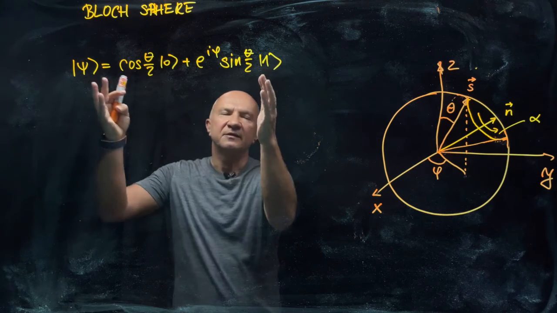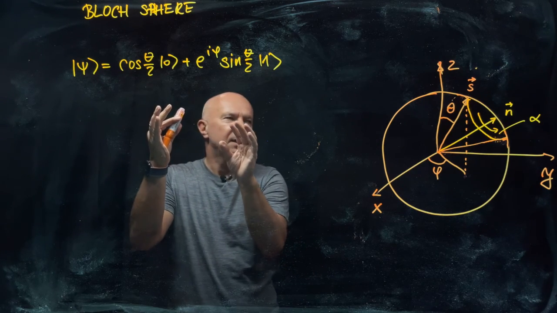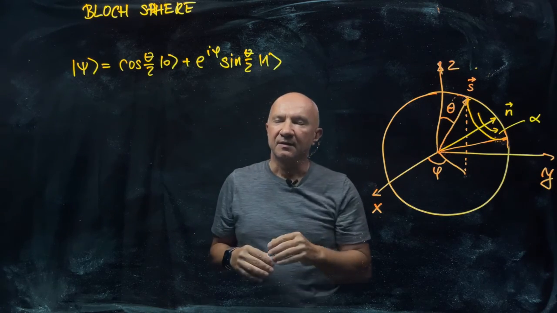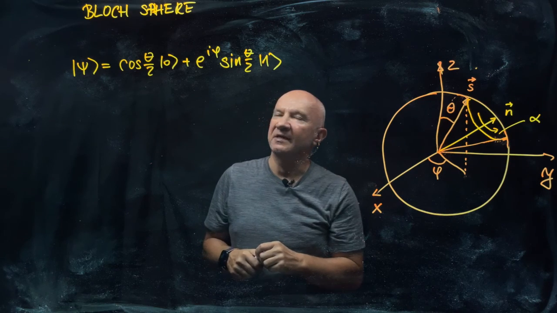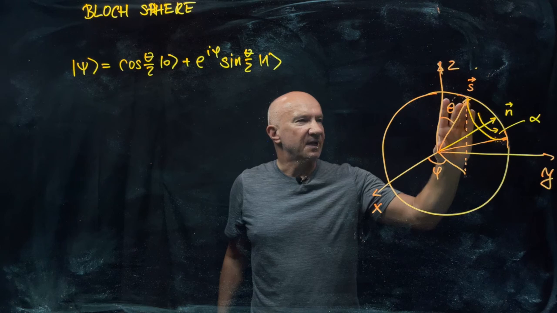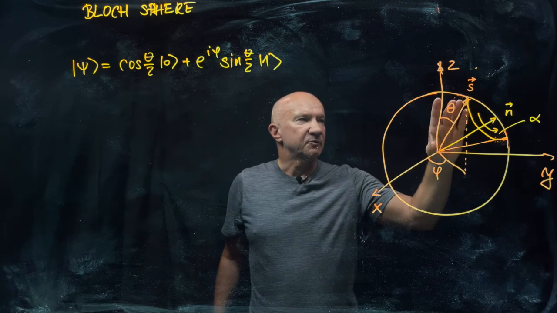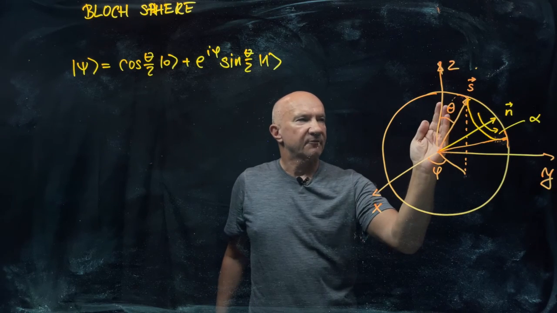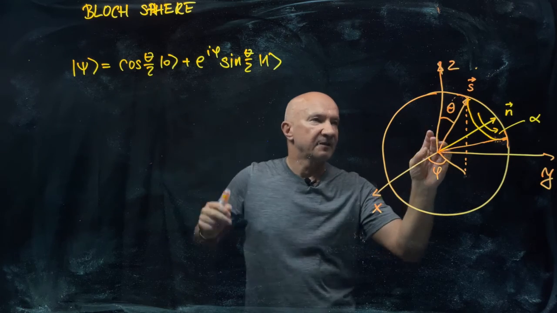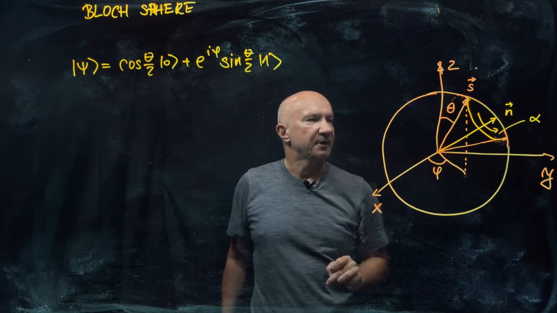Now, when I write it in this particular form, I can then think about another vector called the Bloch vector that I somehow mentally associate with this state vector, and that Bloch vector that you can see here on this diagram, in terms of the spherical coordinates, will be a unit vector that is characterized by the two angles, the polar angle theta here and the azimuthal angle phi here.